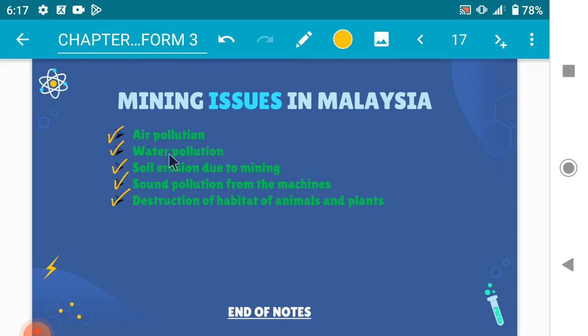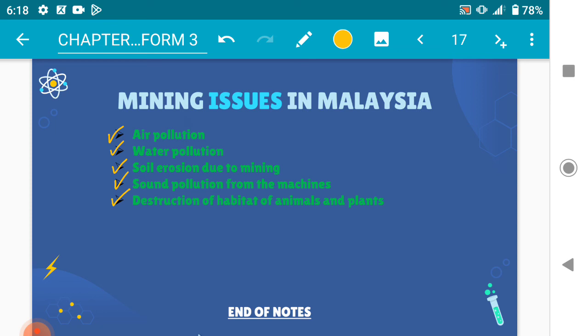So if you do mining at a place which is the habitat of animals or plants, basically you destroy their place to live just to do mining and to mine the ores and metals from the earth crust.